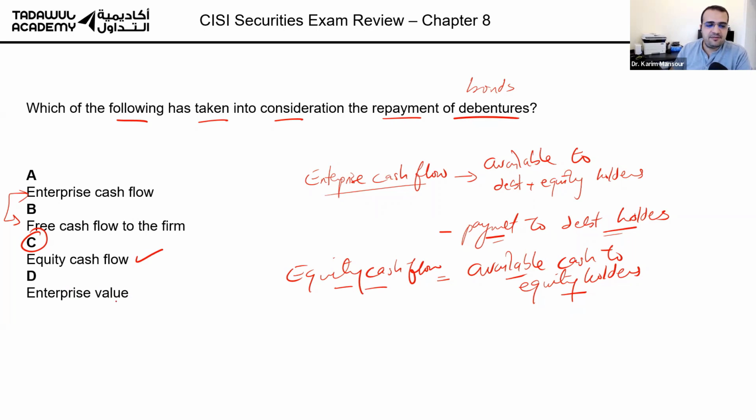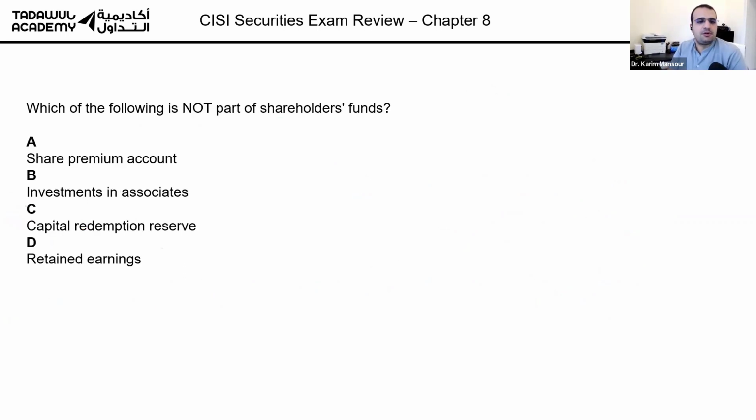Enterprise value is the value of all debt and equity. The market value of all debt and equity of the company. So it's not the answer. Which of the following is not part of shareholders' funds or shareholders' equities?